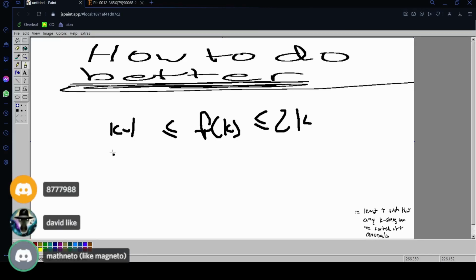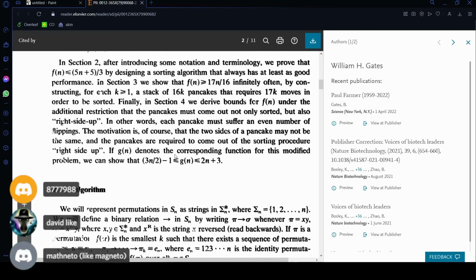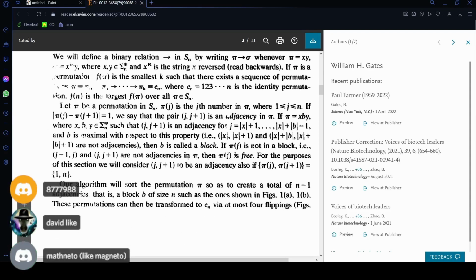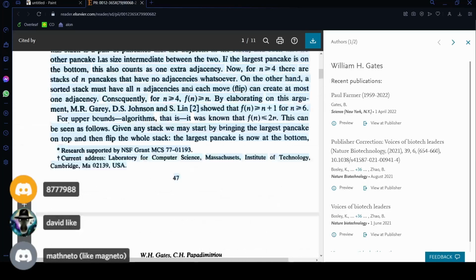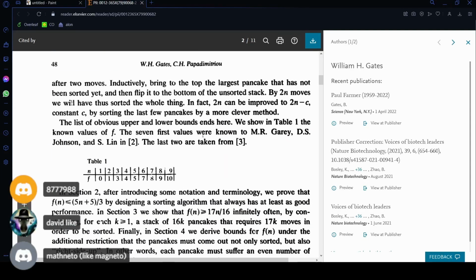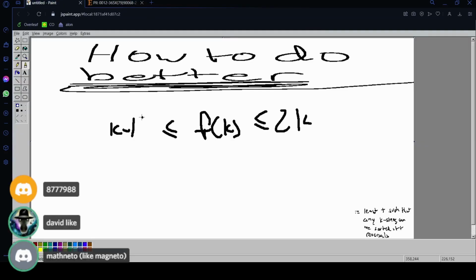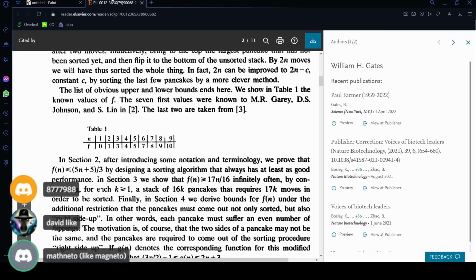Namely, they proved, I believe, let me just look at it again. Okay, so they proved basically a lower bound of 16.